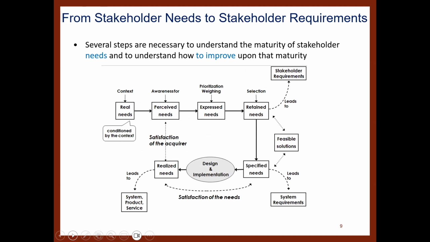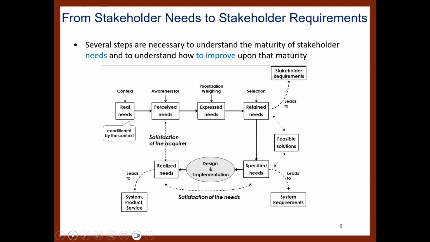Actually, it's just one flowchart that we're gonna go through step by step in this process, in which we're trying to establish these stakeholder requirements. Several steps are necessary to understand the maturity of the stakeholder needs and to understand how to improve upon that maturity.